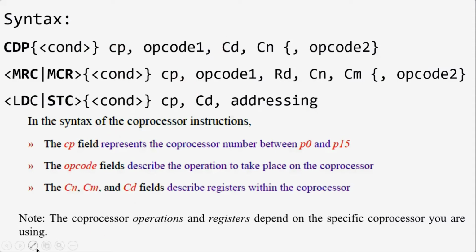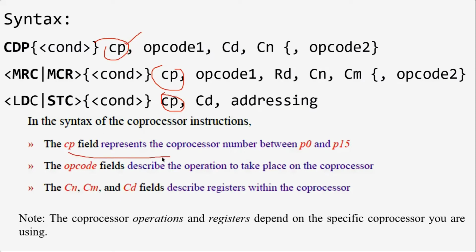See, in every instruction there is an operand called CP. CP means coprocessor identifier. When the processor wants to communicate with a particular coprocessor, there is a possibility that there will be n number of coprocessors around a main processor. So which coprocessor the main processor wants to talk to, that ID is very important.